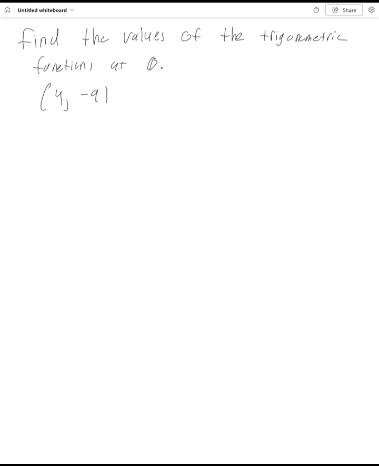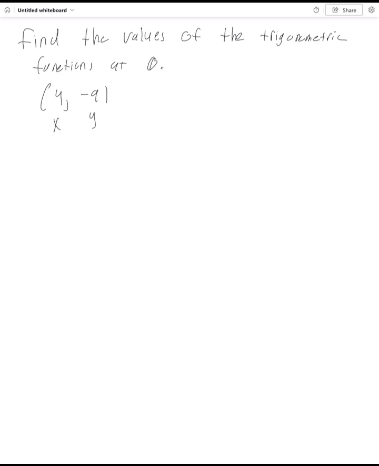So now we can apply the functions we just listed, and we can find out the trigonometric values at theta. Here the problem says find the values of trigonometric functions at theta. Theta is just a placeholder for an angle, so we have to use our ratios.